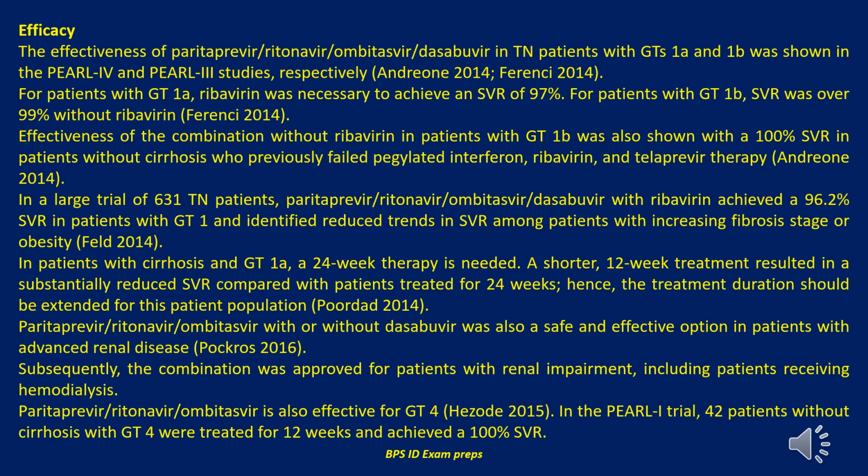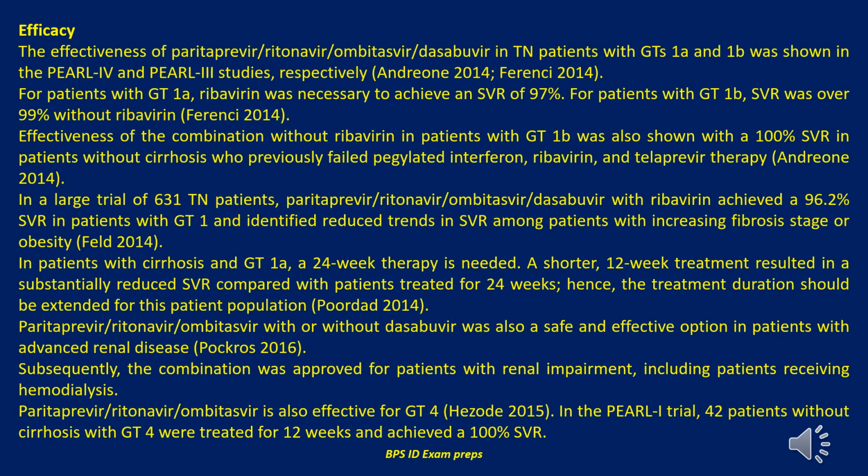In a large trial of 631 treatment-naive patients, paritaprevir plus ritonavir plus ombitasvir plus dasabuvir with ribavirin achieved a 96.2% SVR in patients with genotype 1 and identified reduced trends in SVR among patients with increasing fibrosis stage or obesity, according to Feld 2014.